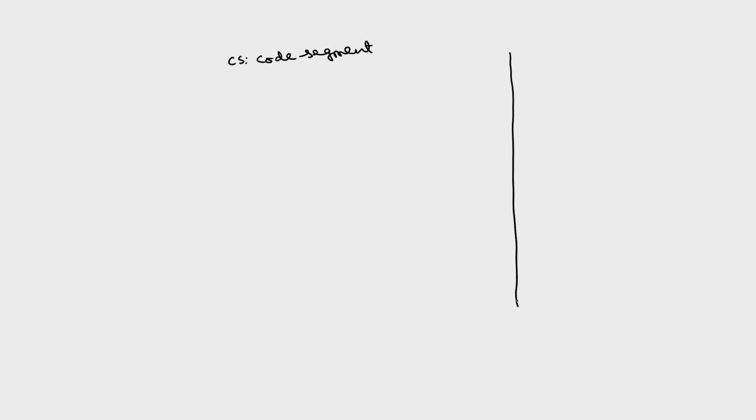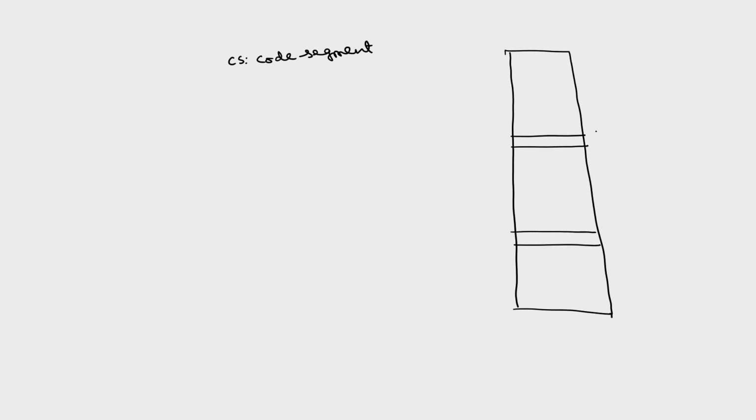So, if I take a code segment with 64 kilobytes of memory out of this 1 megabyte, suppose I use from here to here, this is one location, this is another location, and the total capacity is 64 kilobytes. So, the starting address is here, some 50000H. In the case of 64 kilobytes, the ending address will be 5FFFFH. So, how to find this out? This is the code segment.